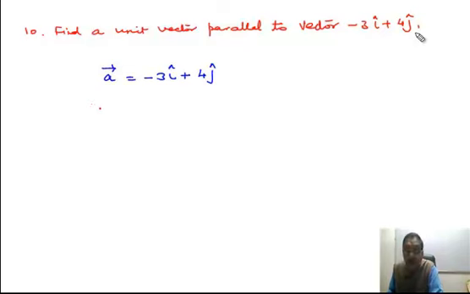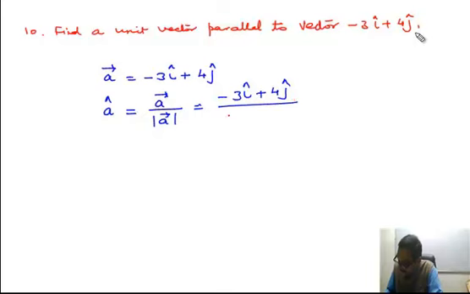Now we know that unit vector is represented as A cap, and this is defined as vector A upon modulus of vector A. So this will be equal to minus 3 i cap plus 4 j cap, and modulus of vector A will be under root of minus 3 square plus 4 square.